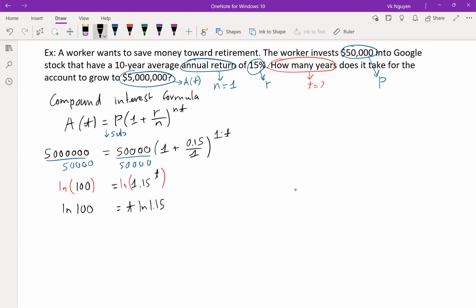Divide both sides by ln 1.15, and ta-da, we have t to be ln 100 over ln 1.15, which is 32.95, approximately 33 years. Pretty cool, huh? Hopefully, Google is still alive in 33 years.